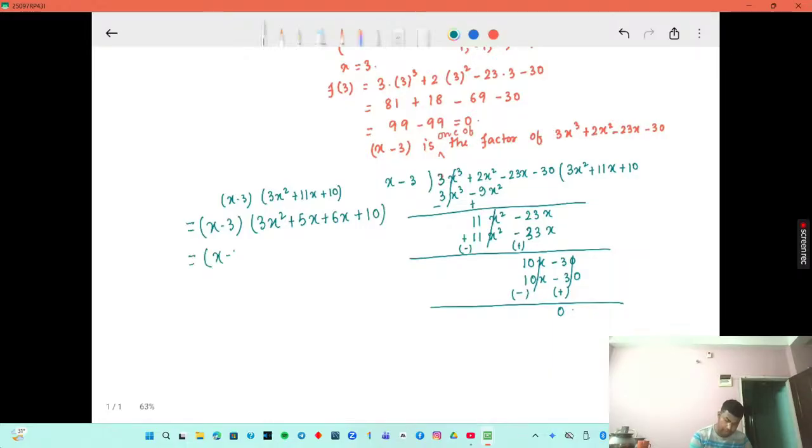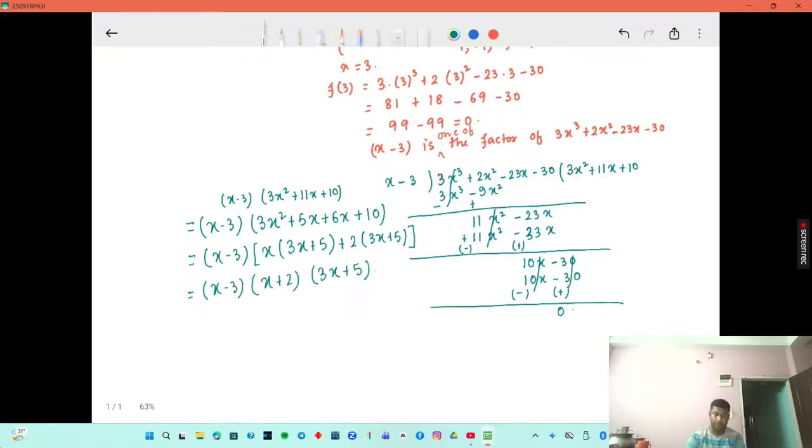So x minus 3, and here we will take common x, so 3x plus 5, plus 2, 3x plus 5, equal to x minus 3, x plus 2, and 3x plus 5.